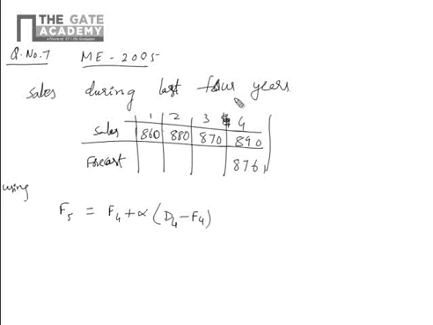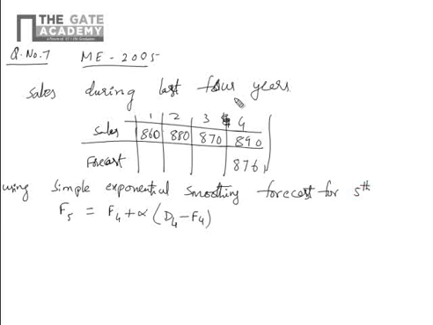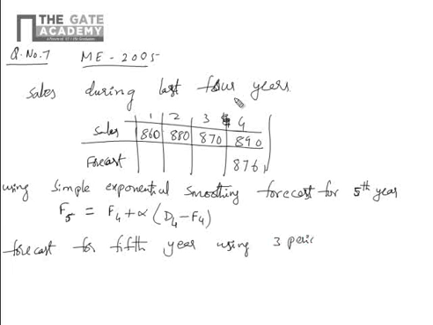This is equal to the forecast for the fifth year using 3 period moving average.